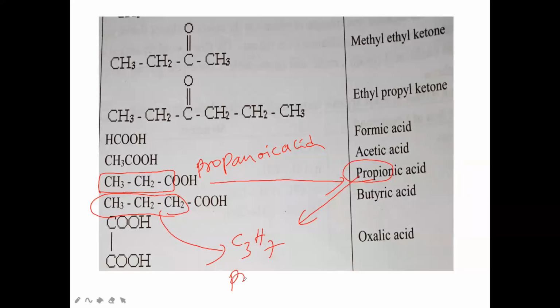And what is ic acid? COOH is ic acid. So here, propion means C3H7, and what is attached? COOH group is attached. As the COOH group is attached, it is called propionic acid. Okay, is that clear now?